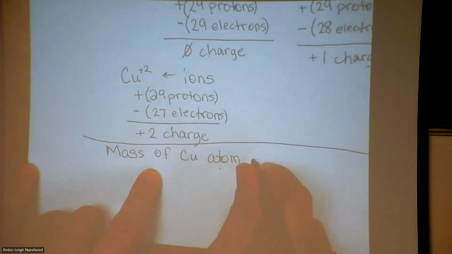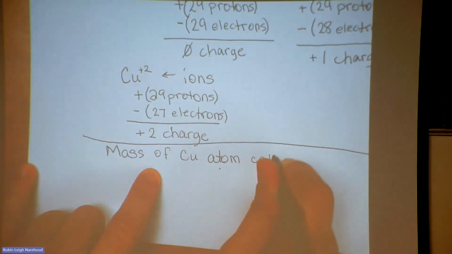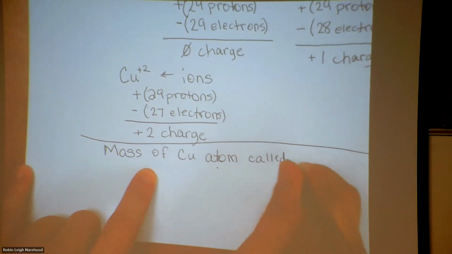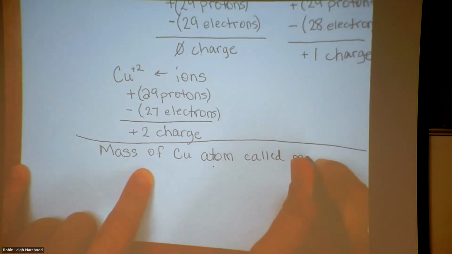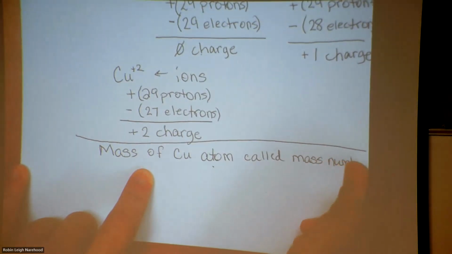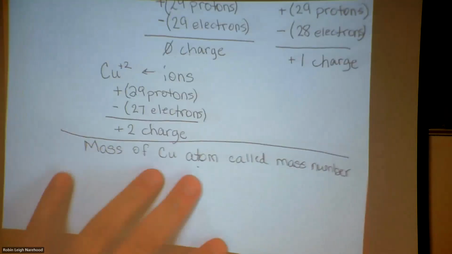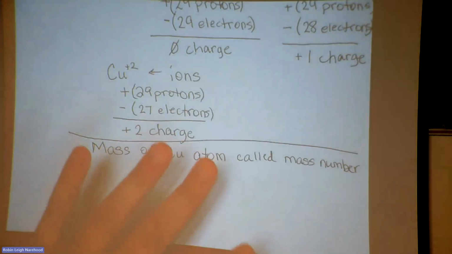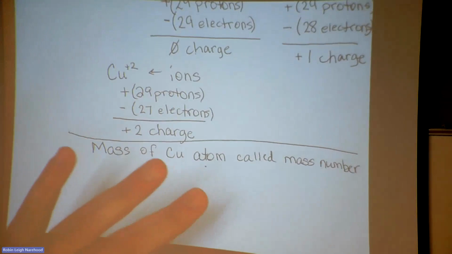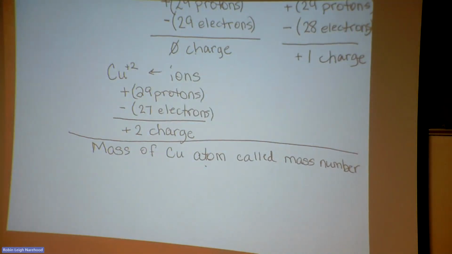Okay. The mass of a copper atom is called the mass number. So it's two words that go together. Just the word mass by itself does not mean mass number, and the word mass with some other word does not mean mass number. Only mass number means mass number.